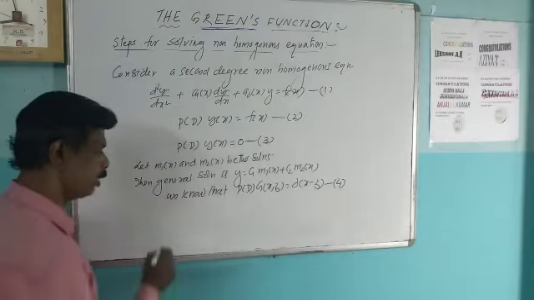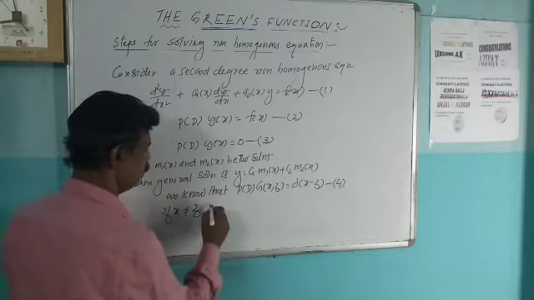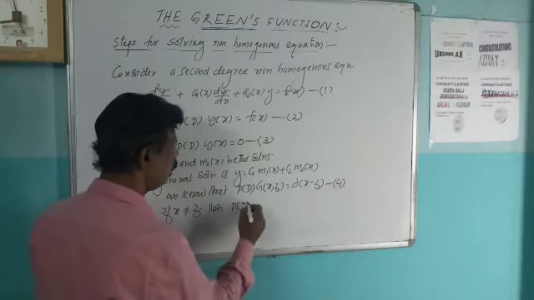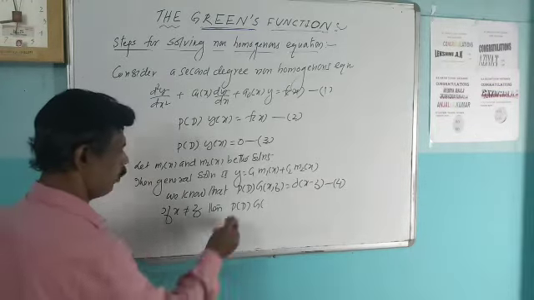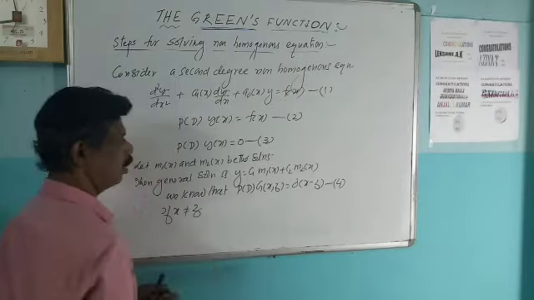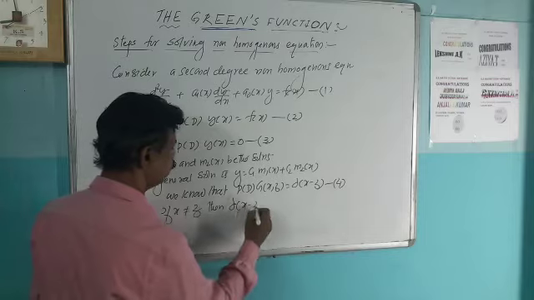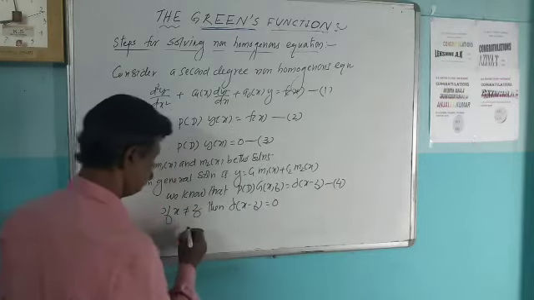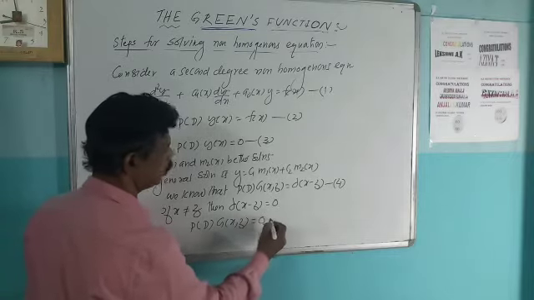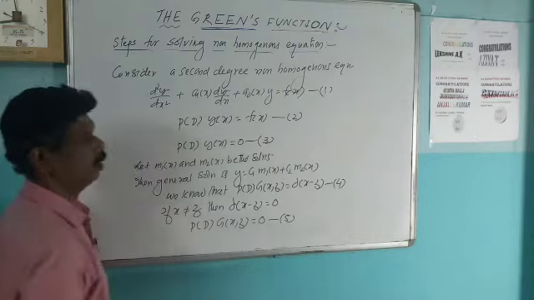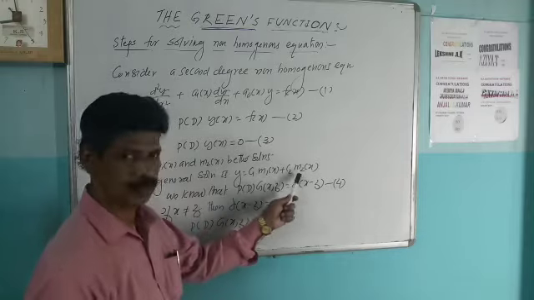If x not equal to z, then PD of g(x, z) is equal to 0, since delta of x minus z equals 0. That is, PD of g(x, z) is equal to 0. I call it equation number 5.